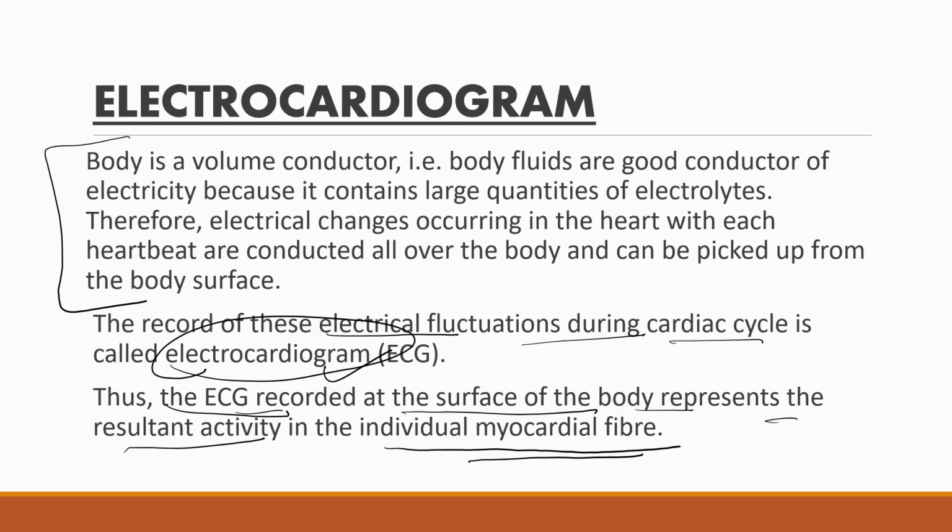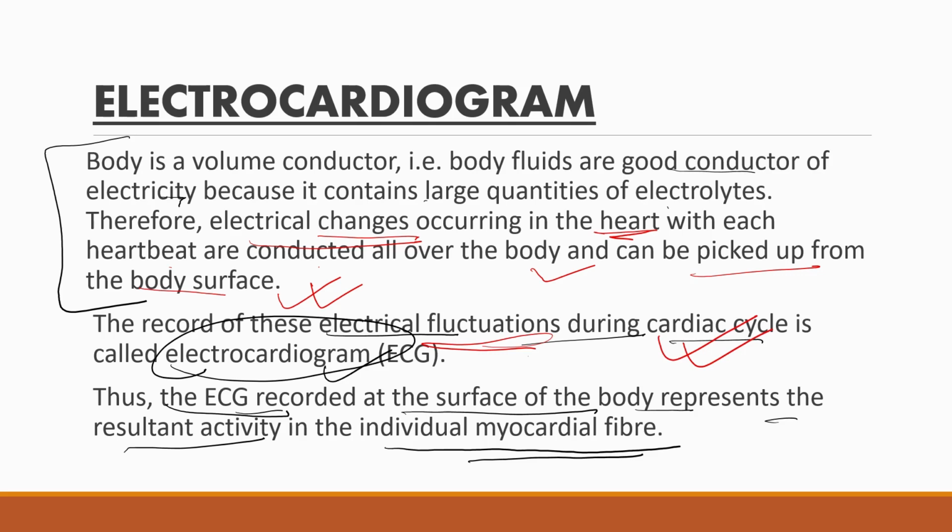Body is a volume conductor, right? That is, the body fluids are good conductors of electricity because they contain a large quantity of electrolytes. Therefore, these electric changes occurring in the heart with each heartbeat are conducted all over the body and can be picked up from the body surface. Now, this record of the electric fluctuations during the cardiac cycle is termed electrocardiogram.